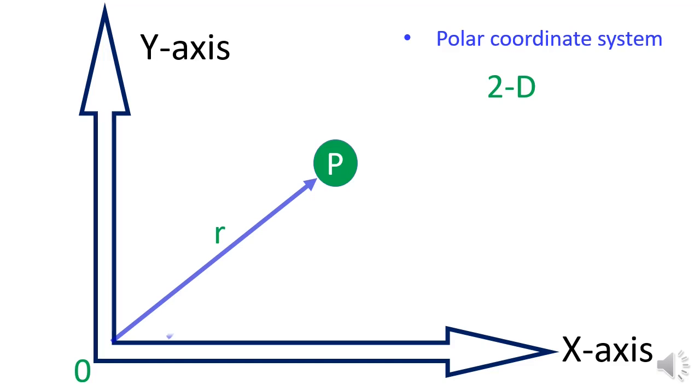And the next thing to do is to draw the angle made by the line r with the positive x-axis, and you call the angle theta, and hence the point P has polar coordinates r, theta.